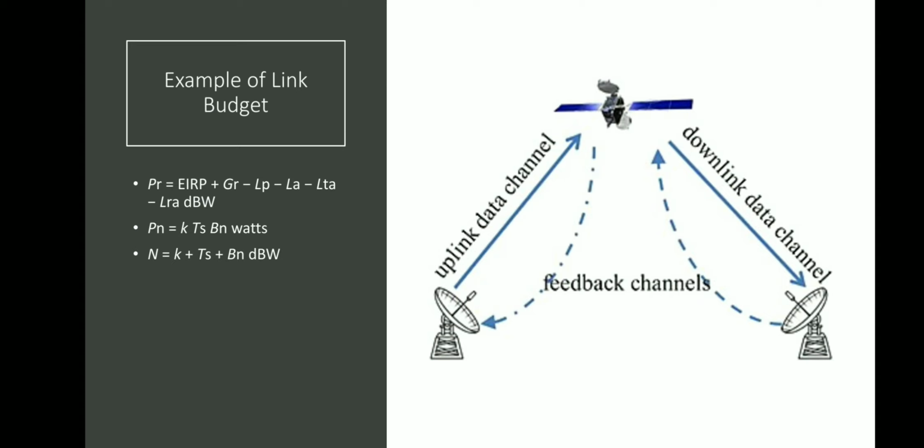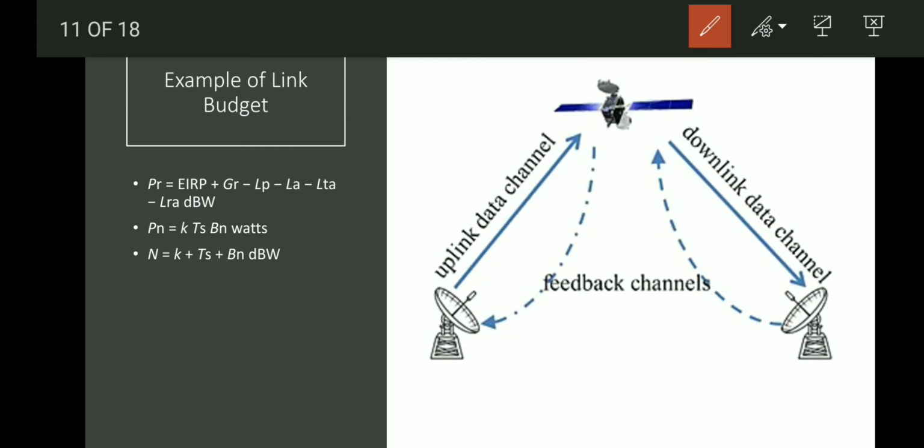This equation we have seen in the last lectures. Power received, PR, is equal to EIRP, the effective isotropically radiated power, which is PT into GT, plus GR, minus LP, where LP is path loss, LA is atmospheric loss, LTA is transmitting antenna losses, and LRA is receiving antenna losses.